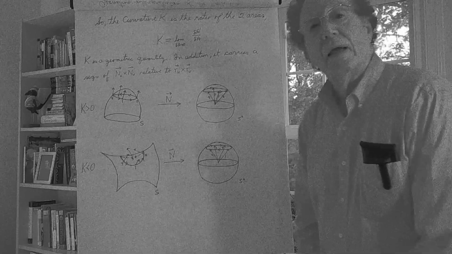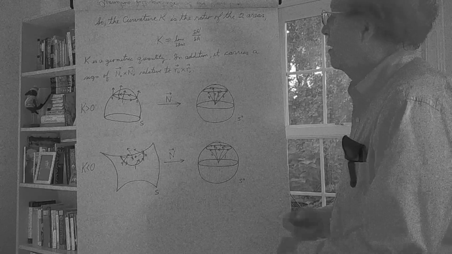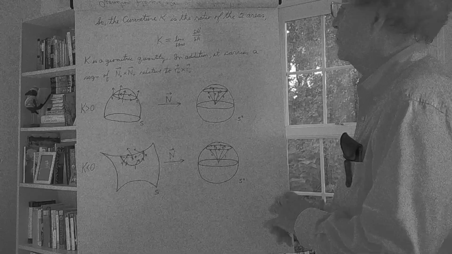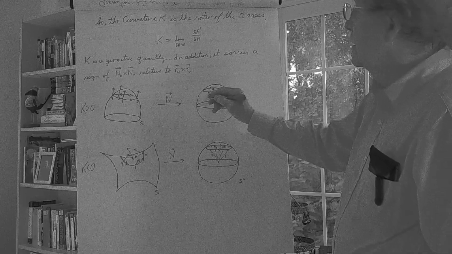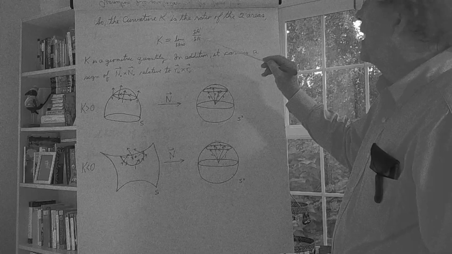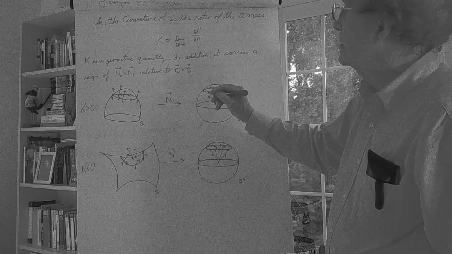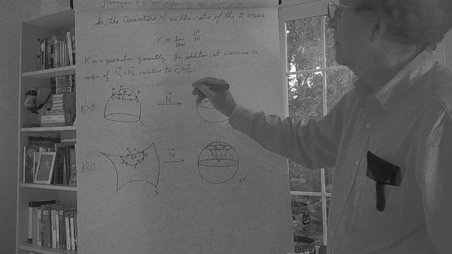Clearly, both K1 and K2 in this case have the same sign. So I'm dealing with a Gaussian curvature that's positive. I see that as I go around this little circle that encloses the area of interest, delta A, unit normal 1 points this direction, unit normal 2 like this, 3 and 4.